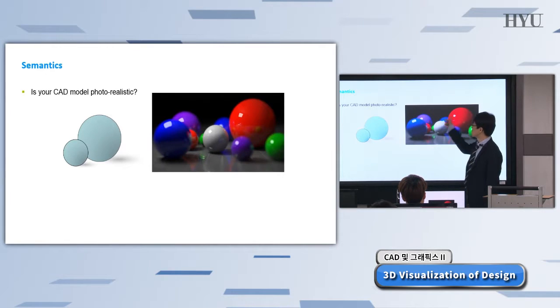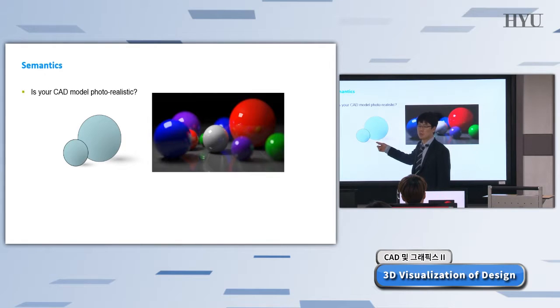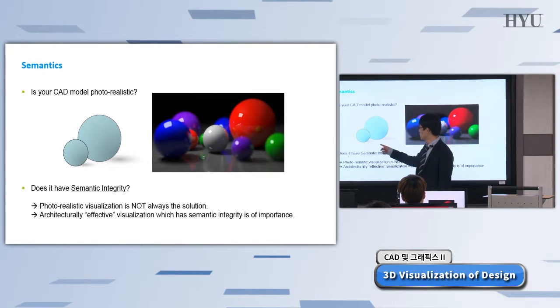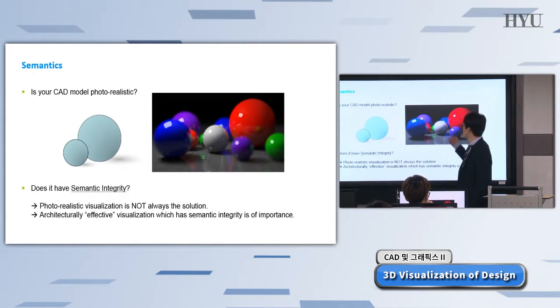Of course, this one looks photorealistic, computer rendered, okay? But this one is very roughly represented. But what if this one has information? What if this one has its radius numbers, its weight, its height, its dimensions, its color, or its material? What if this one only has this visualization?